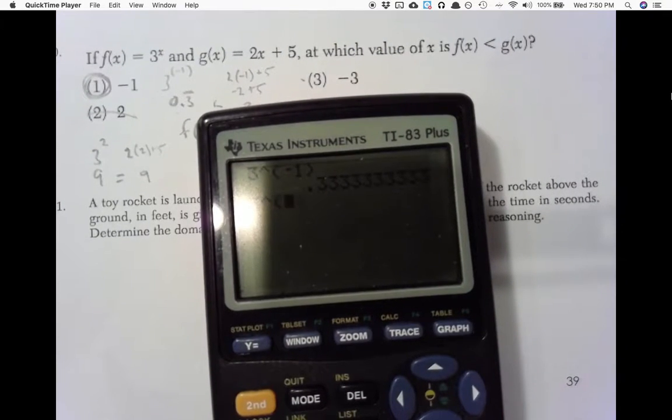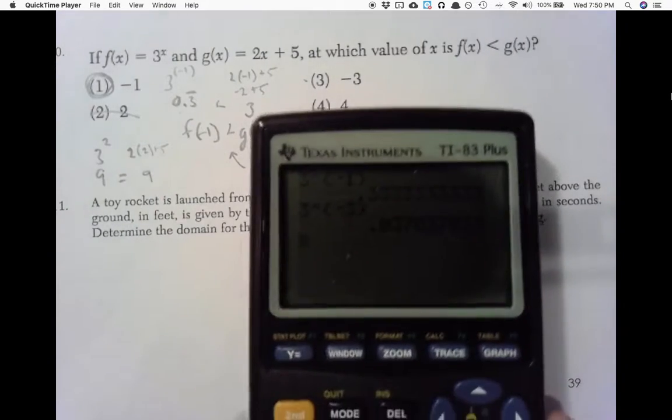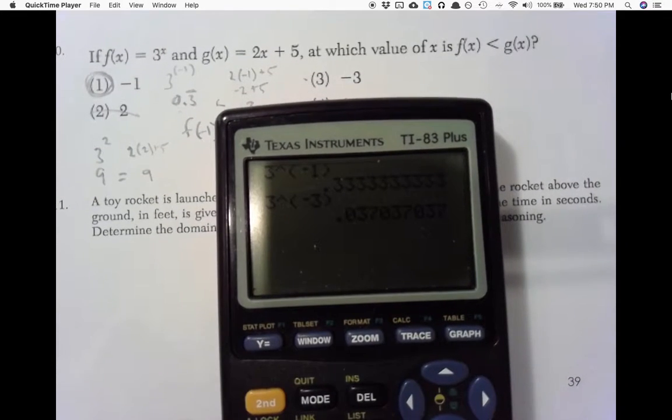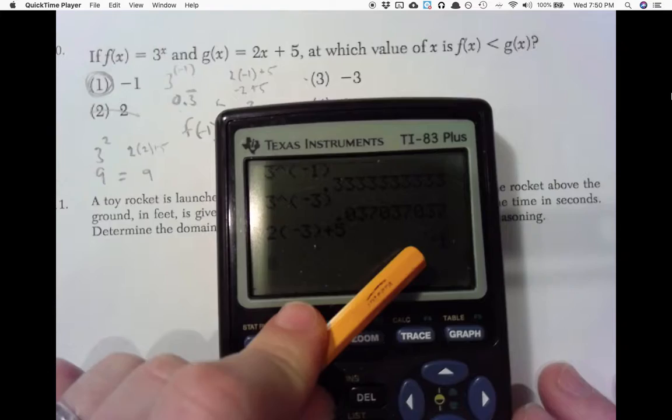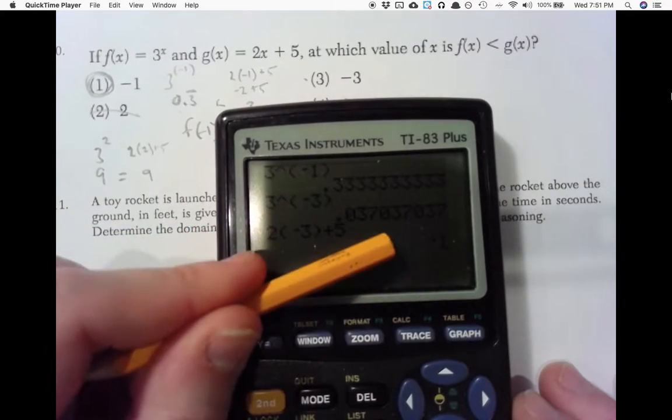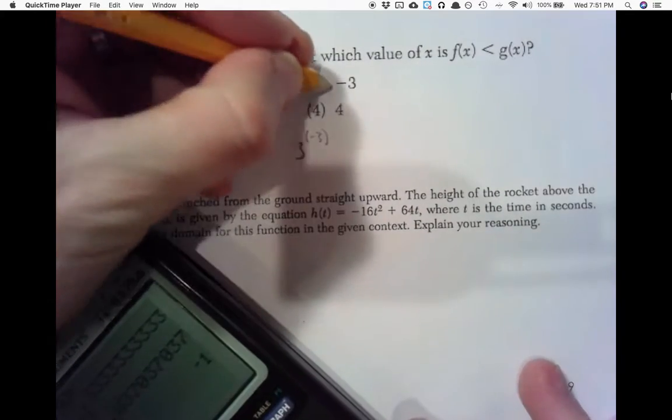I end up with 0.037, so maybe that's going to be it. But then watch, if I try 2 times negative 3 plus 5, I end up with a negative number. So here f of x was bigger than g of x, so it's not that.